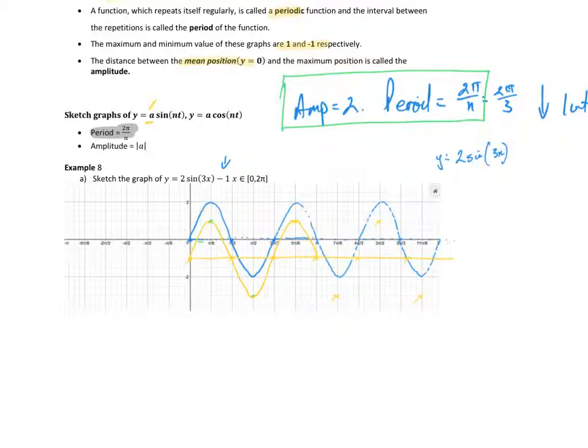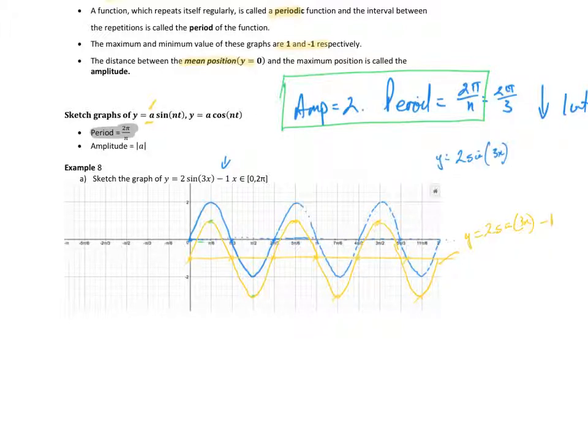Okay, so we just sketch through, and we go through to 2 pi. So there's our graph of y equals 2 sine 3x minus 1.